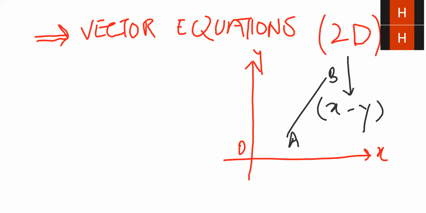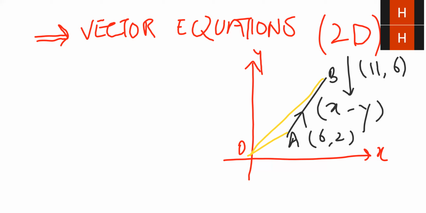It's going to have a position vector from O to A and from O to B. So this vector AB comes from two vectors, OA and OB. We already know this. Say my A has coordinates 6, 2, and my B has coordinates 11, 6.